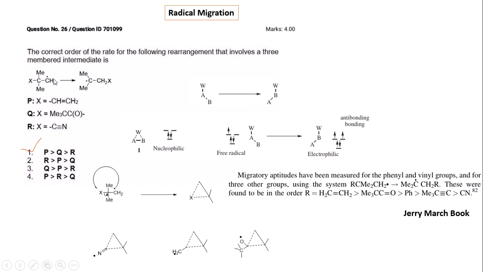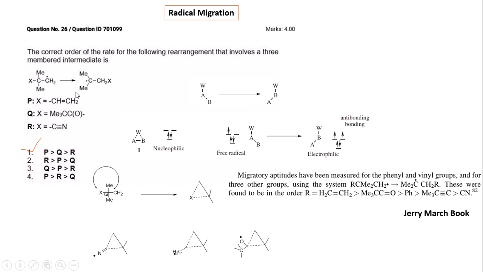The given problem is that of the radical rearrangement in presence of the 1,2 shift in neopentyl derivatives, where X can be alkene, the carbonyl, pivaloyl carbonyl compound, or the cyanide. Here we know that the electron rich species migrates more favorably compared to the electron deficient substituent.